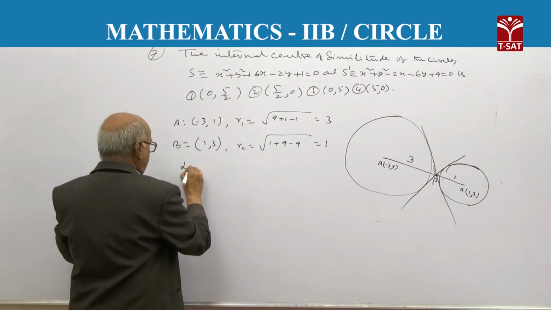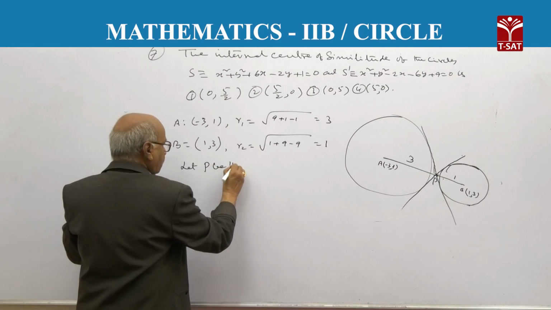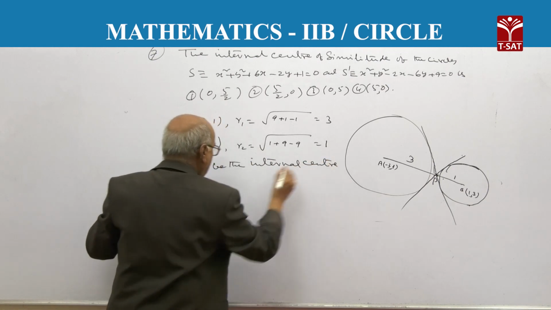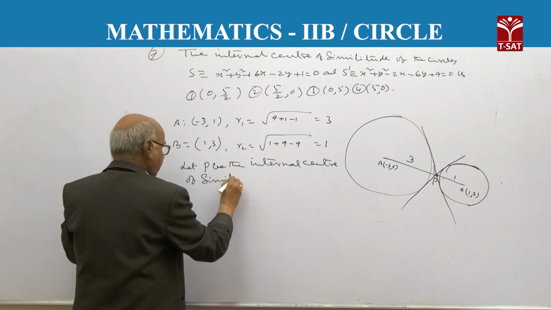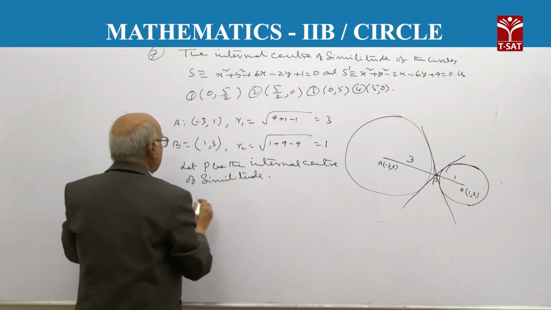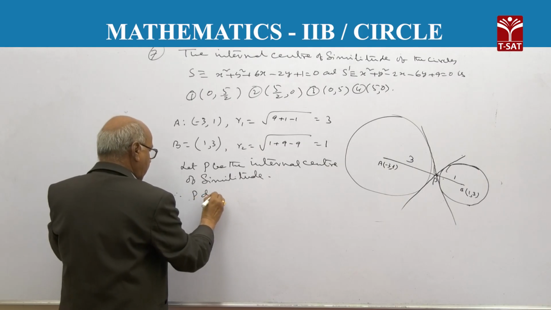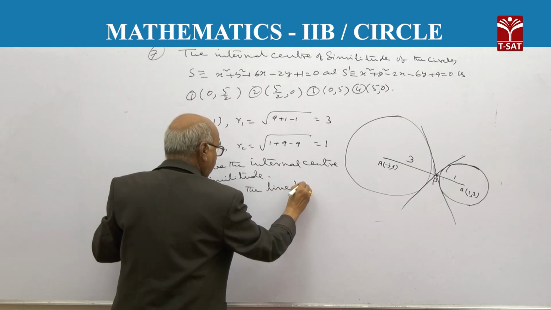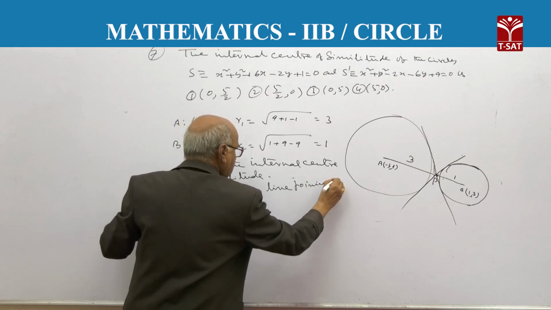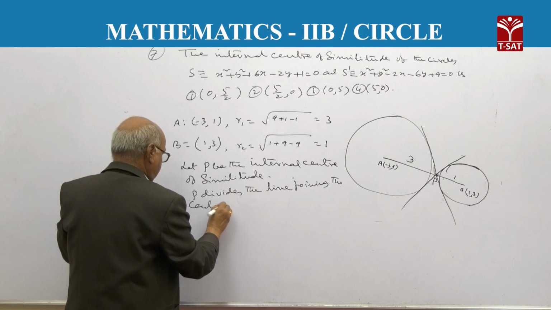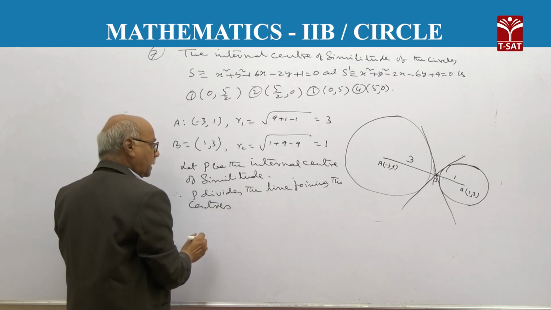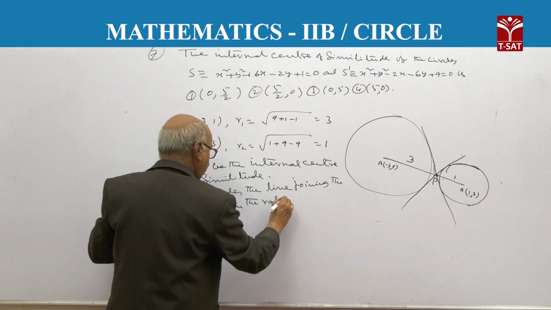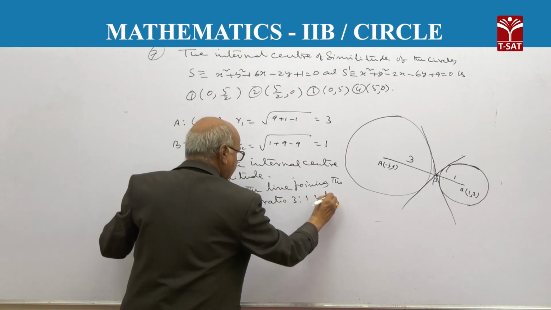So P divides the line joining the centers in the ratio 3:1 internally.